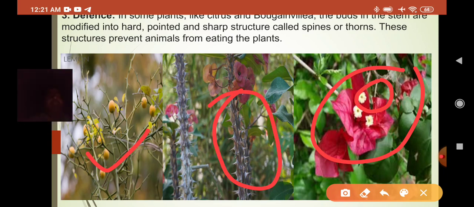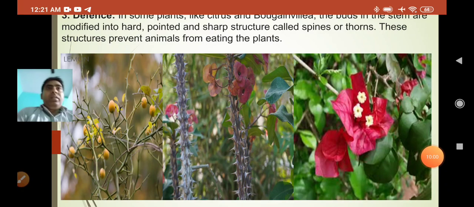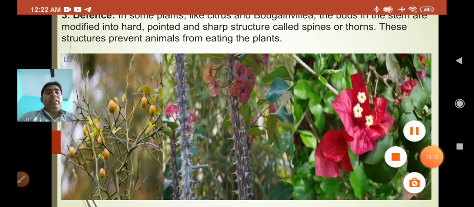Why do they have spines and thorns? Because these structures prevent animals from eating the plants. So they have spines or thorns.